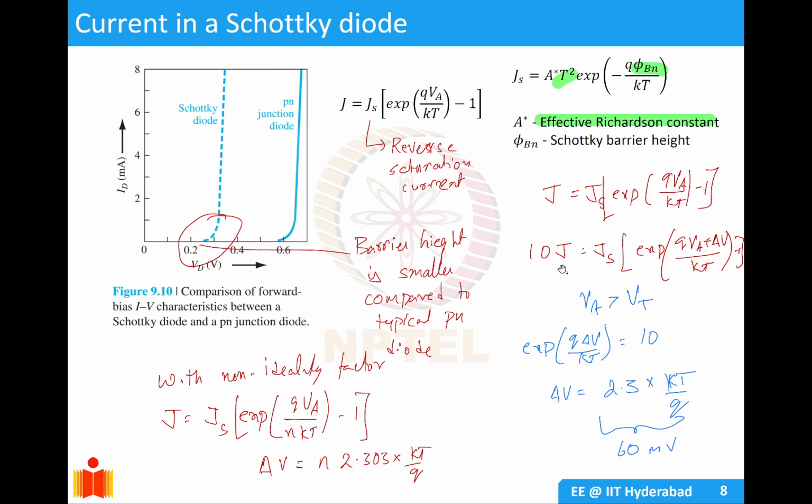So for the ideal case, you will have, for a tenfold change in J, J equals Js exponential of Q Va plus delta V by KT minus 1.